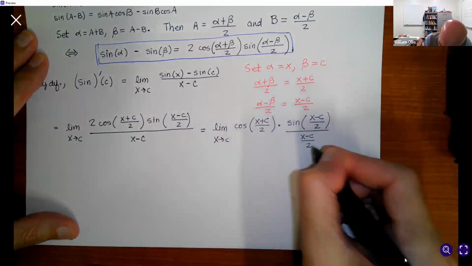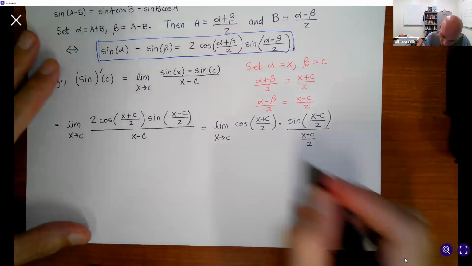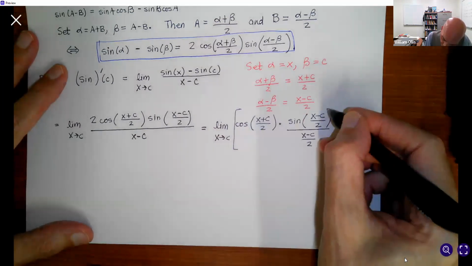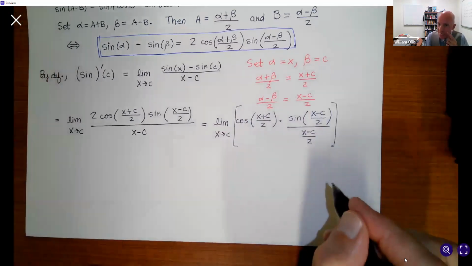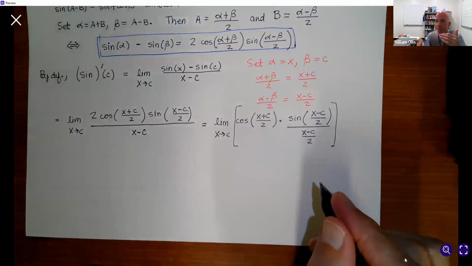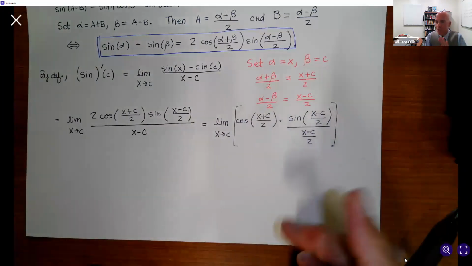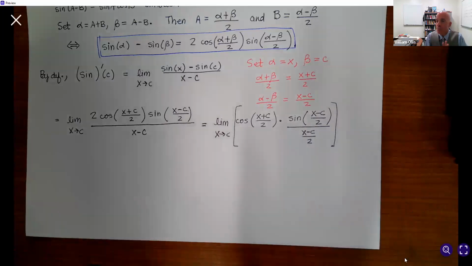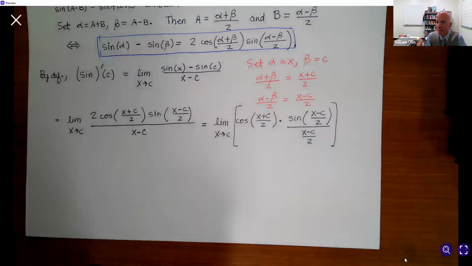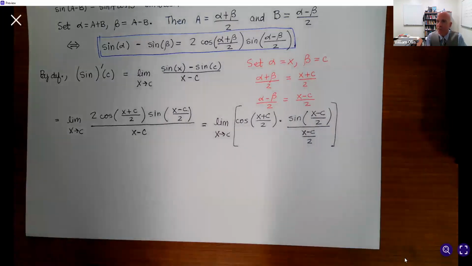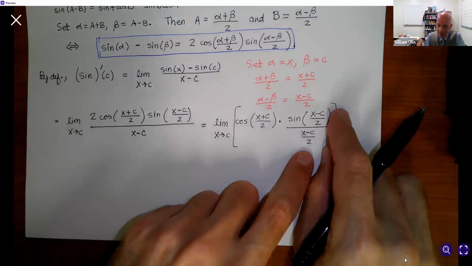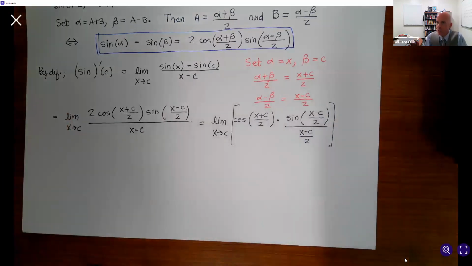When we do the special limit, sine x over x as x approaches 0, the argument and the expression in the denominator must both go to 0, and they must be identical. We can't fudge with that. We've got to be right. And of course that 2 is there to be used.